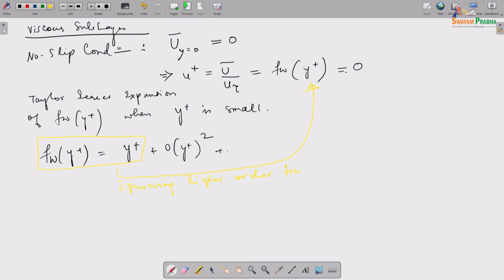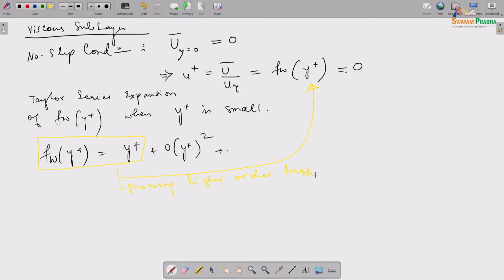So essentially f w at the wall is equal to 0. So, F w of y plus is actually equal to y plus.